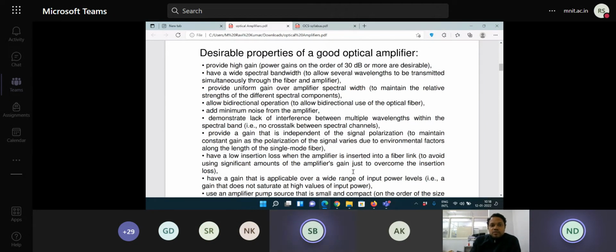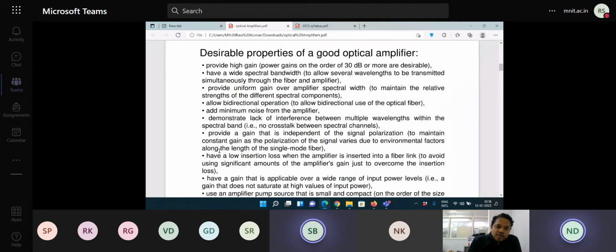So, what should be the properties of a good optical amplifier? It should provide high gain, meaning it will add power to whatever is coming, and it should have a wide spectral bandwidth.